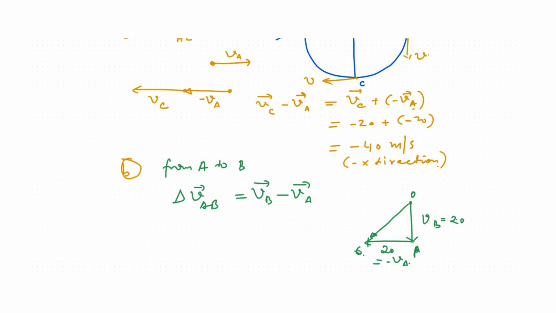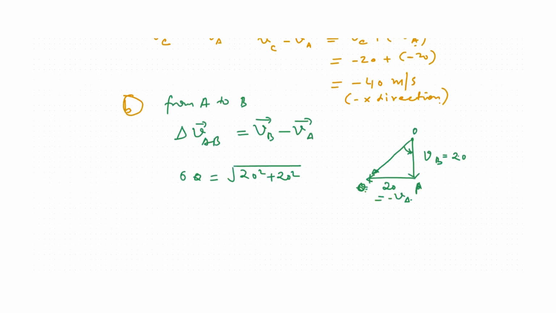We can say from vertical, this direction is like this. Okay. And what will be my OQ? So OQ is under root 20 square plus 20 square. So we can say that the resultant has a magnitude of 20 root 2, that is OQ. Or we can say that is my resultant vector.